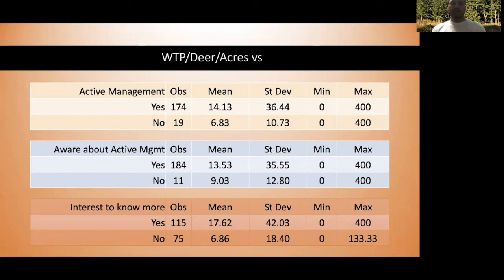Landowners who are aware of active management are willing to pay more compared to those who are not aware of active management. Their willingness to pay is $13.53 and $9 respectively. Landowners who are interested to know more about active management are willing to pay about 3 times higher than those who are not interested to know more about active management. Their willingness to pay is about $18 and about $7 respectively.